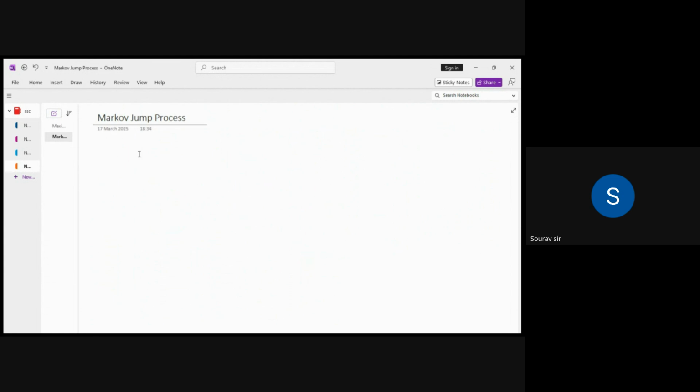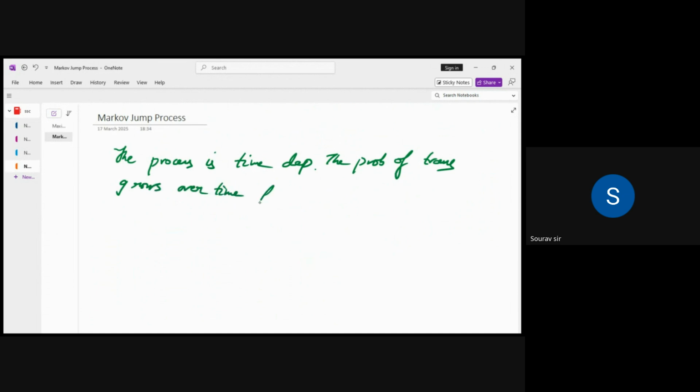So from that, what you understand is that the process is time dependent, and the probability of transitioning grows over time, and that it follows an exponential pattern, and it stabilizes.